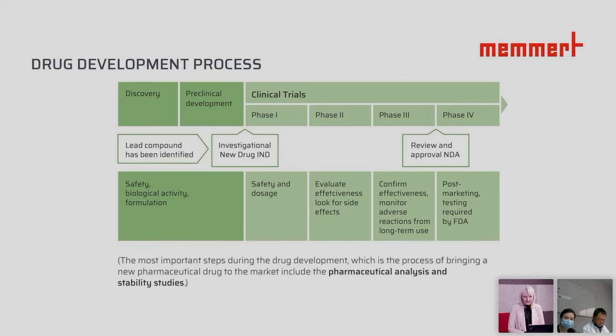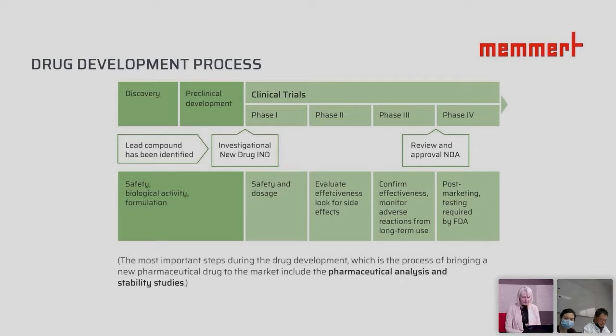And we have these different phases because we start first with a small group of volunteers, then there come more groups and more people. So phase 2 means 100 to 500 volunteers. Phase 3, we have 1,000 to 5,000 volunteers until we then get the approval for the new product.